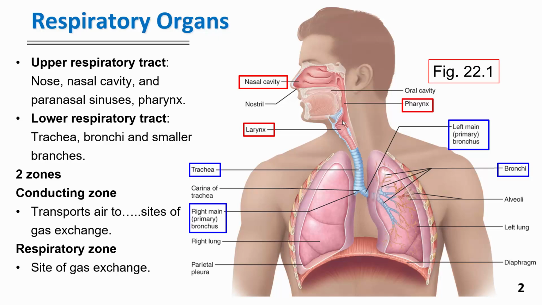Then it will move down into the larynx on the anterior side of the esophagus, and that air will flow through what's often referred to as the windpipe, the trachea, which then branches into the right lung and the left lung, and forms many more branches that we just referred to as bronchi.